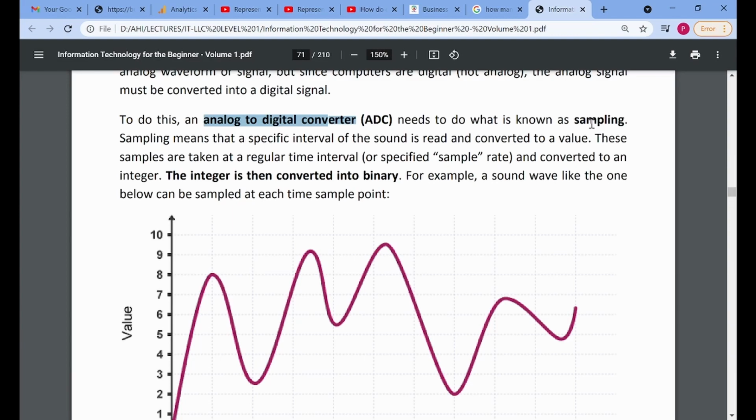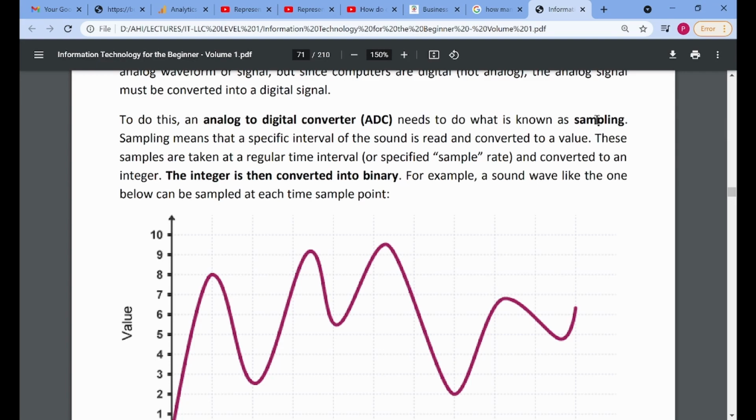For the sound to be captured, there is a term: sampling. Sampling is the process that does the storage. Okay, how can analog audio enter into the computer and be stored?